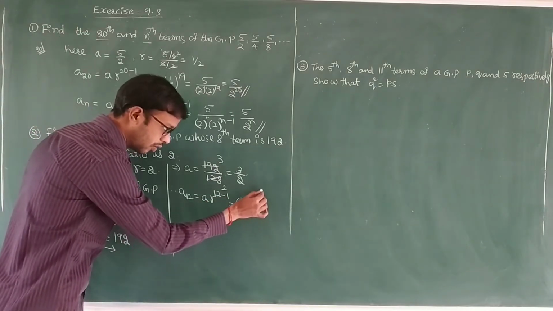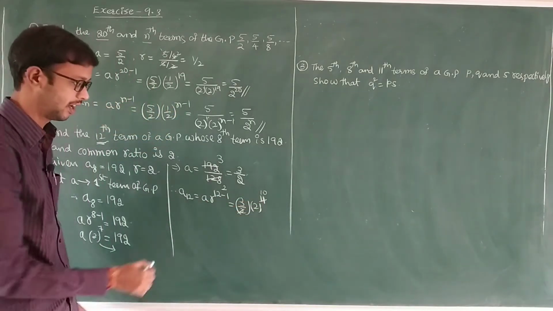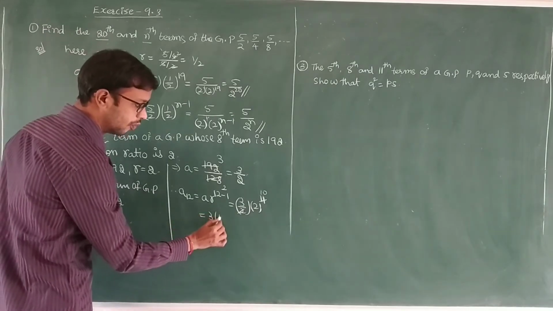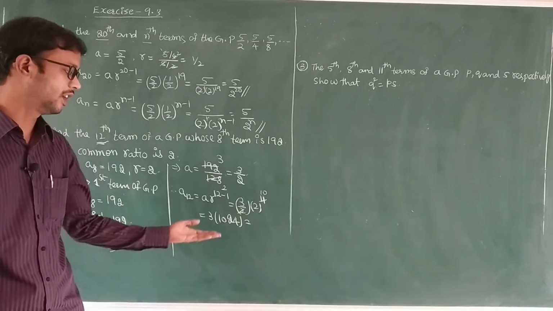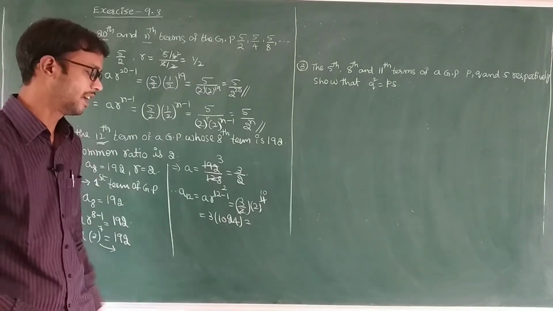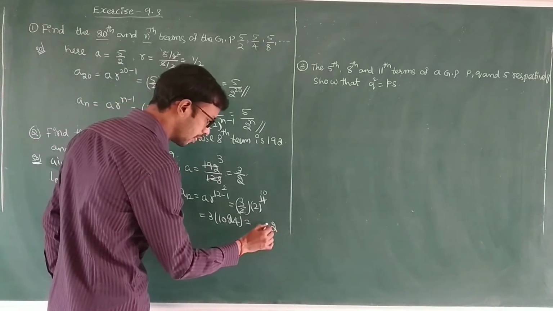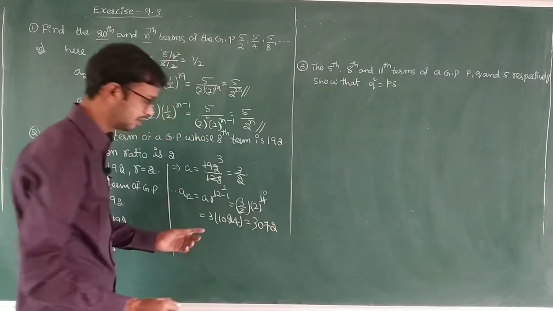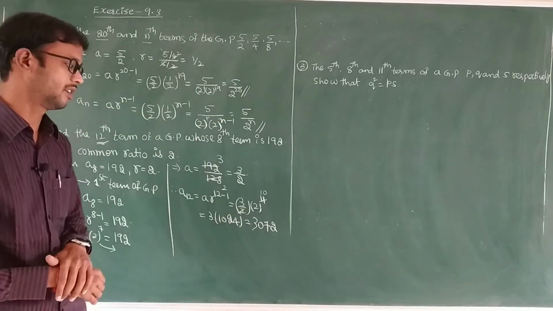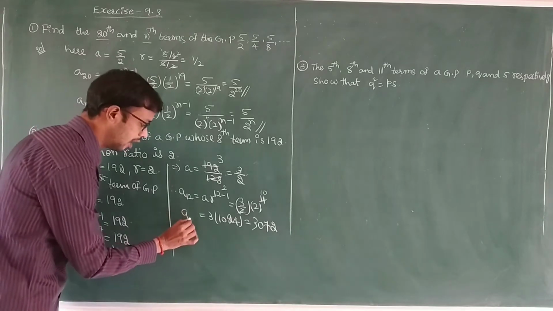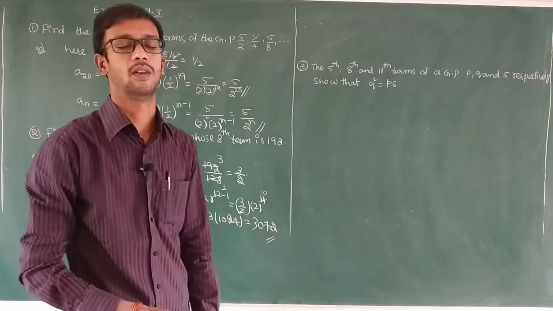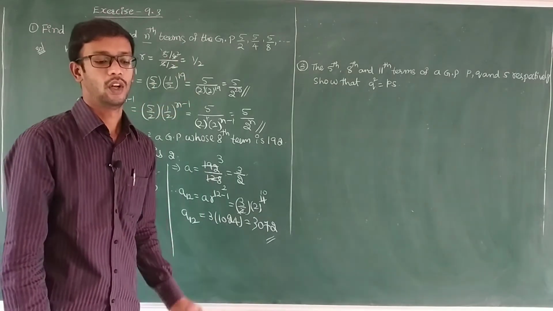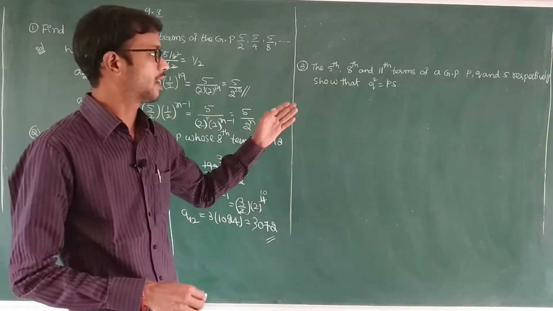Here 1 to 1 can cancel, remaining 2 power 10. 3 into 1024, 2 power 10 value is 1024. Multiply: 3072. 3072 is the 12th term. So the required 12th term is 3072.